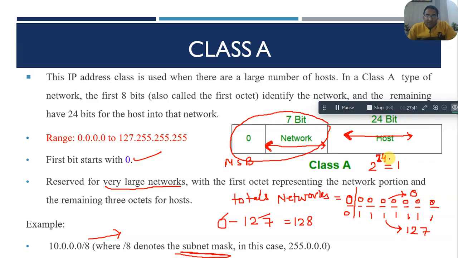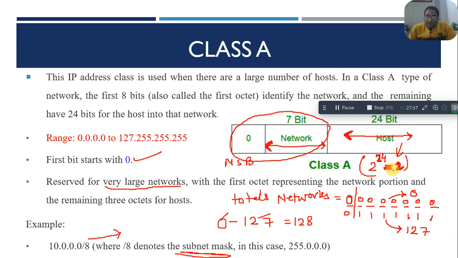Again, the initial and the last address will not be usable, so 2 to the power 24 minus 2 is the total number of hosts.